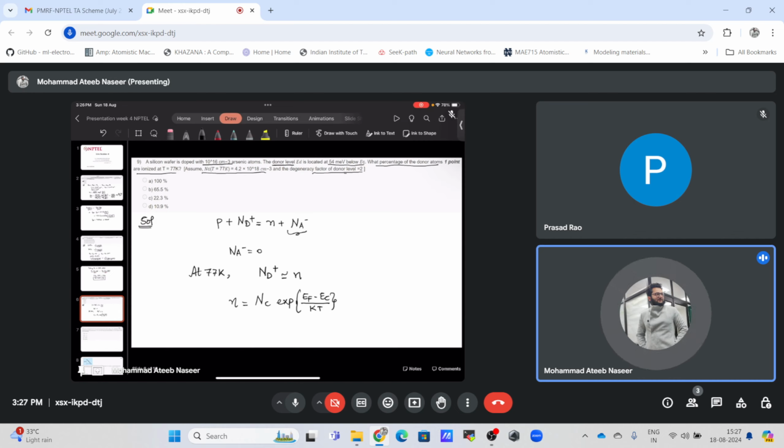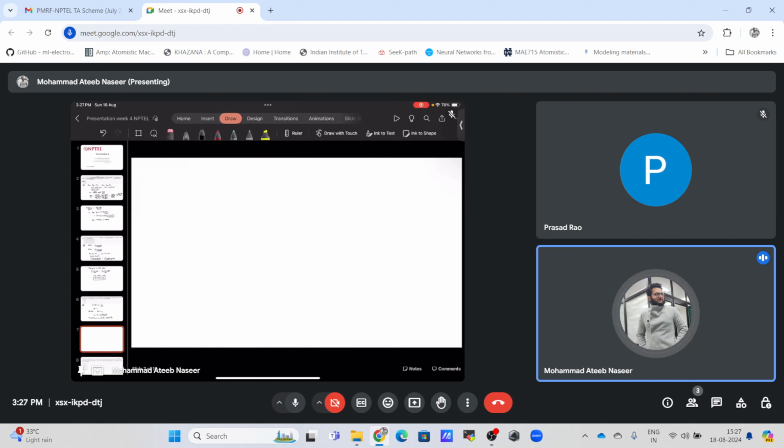Now you must have gone through the lectures, where you have seen that the ionized donor concentration is given by Nd positive is simply Nd divided by 1 plus Gd, where Gd is the degeneracy factor, exponential of EF minus ED by KT.